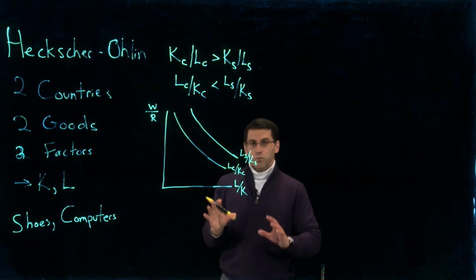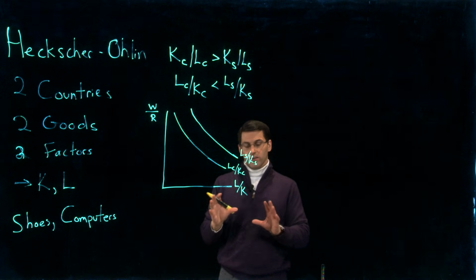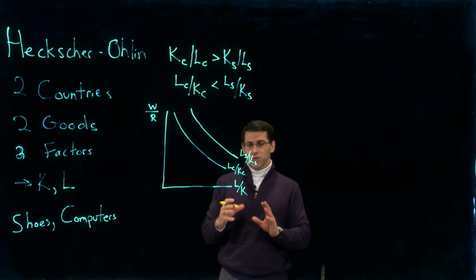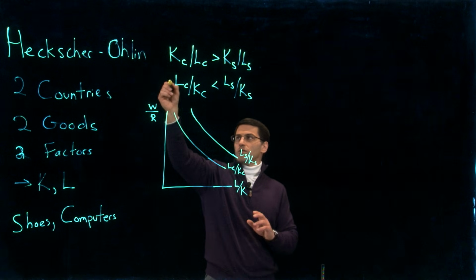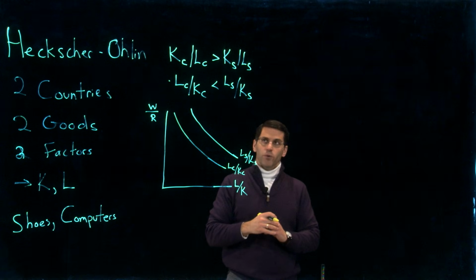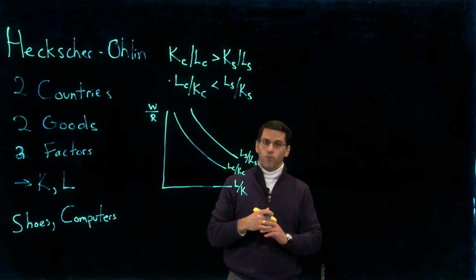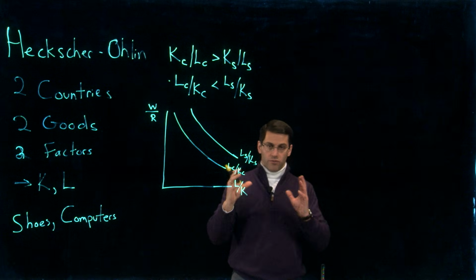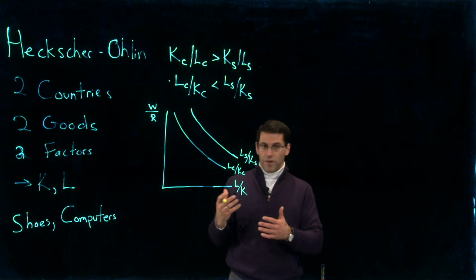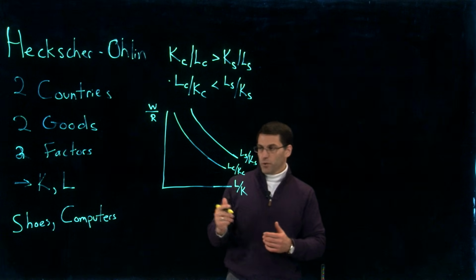Okay. This is important to keep in mind. When we're saying that the ratio of labor to capital employed in shoes is higher than that for computers, we're saying that's at the same wage and rental rate, right? So the firms are facing the same input prices, for our comparison point.